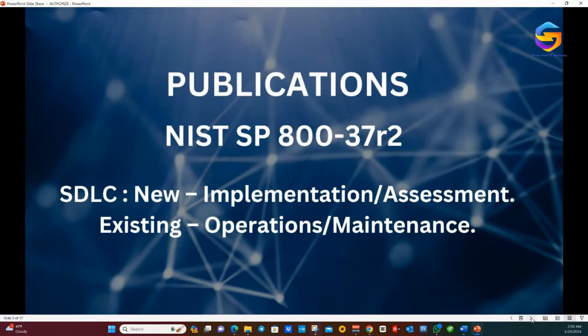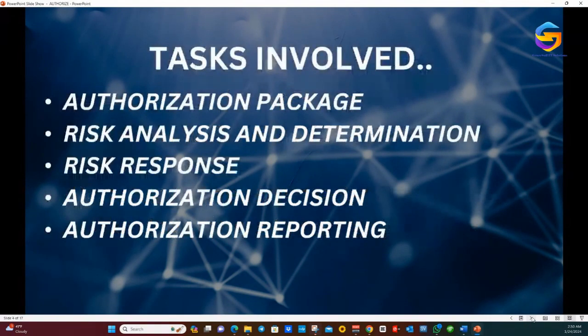The reason why I'm emphasizing this part is that it is very important. You have to know the SDLC of all the steps, from the preparation step, the initiation, categorization, and it goes down, because the SDLC is asked in the exams as well. So again, the SDLC under the authorization step is the implementation slash the assessment, and it's a must know.